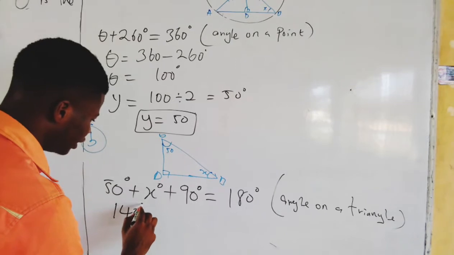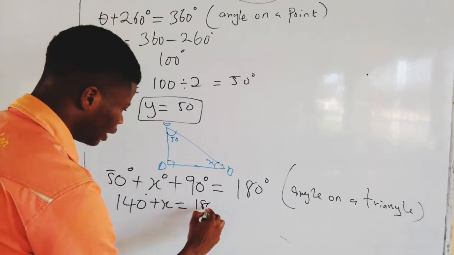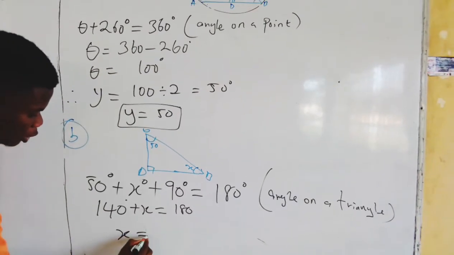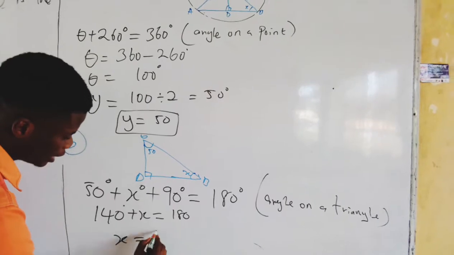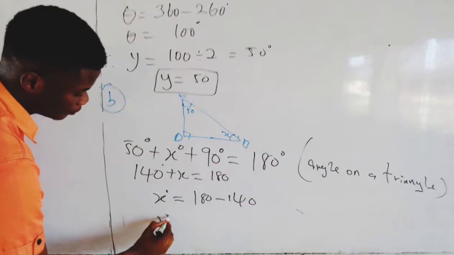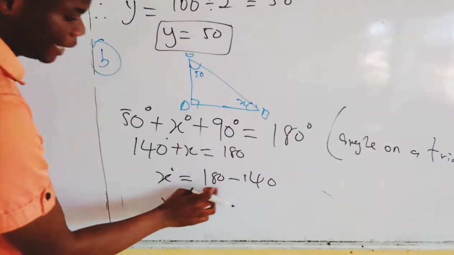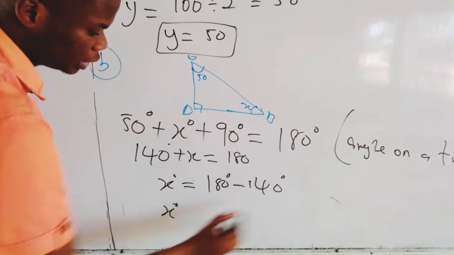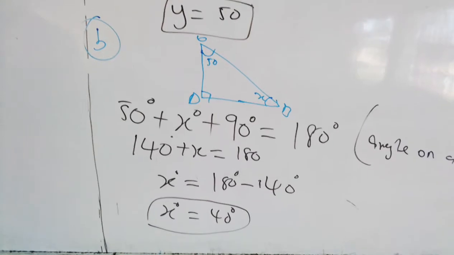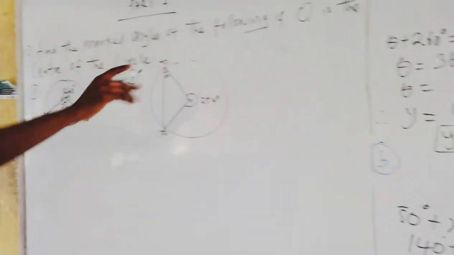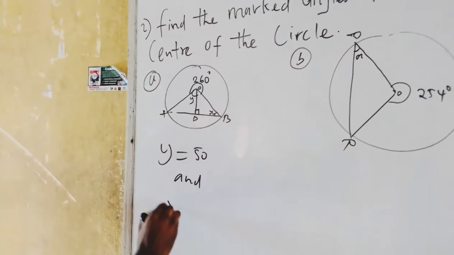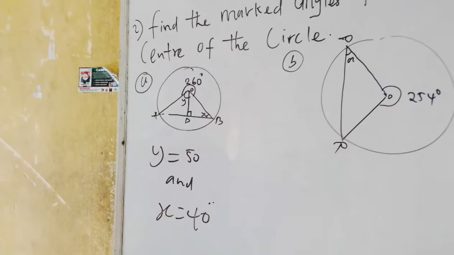So I have 140 degrees plus x equals 180. Making x the subject of the formula, taking 140 to the other side it becomes minus 140. So x equals 180 degrees minus 140 degrees, which gives 40 degrees. So this is for x. For this question, y is equal to 50 degrees and x is equal to 40 degrees.